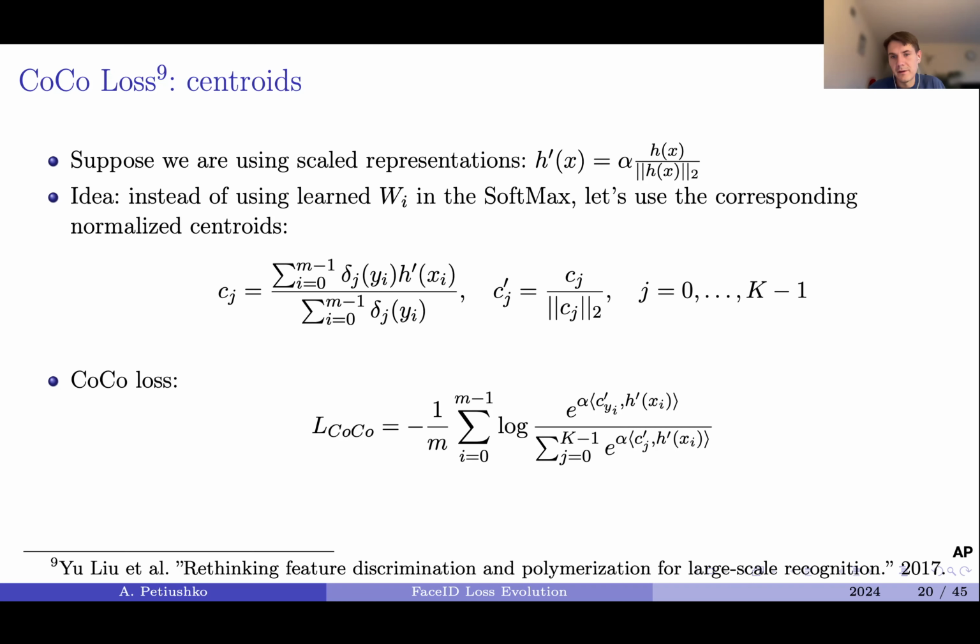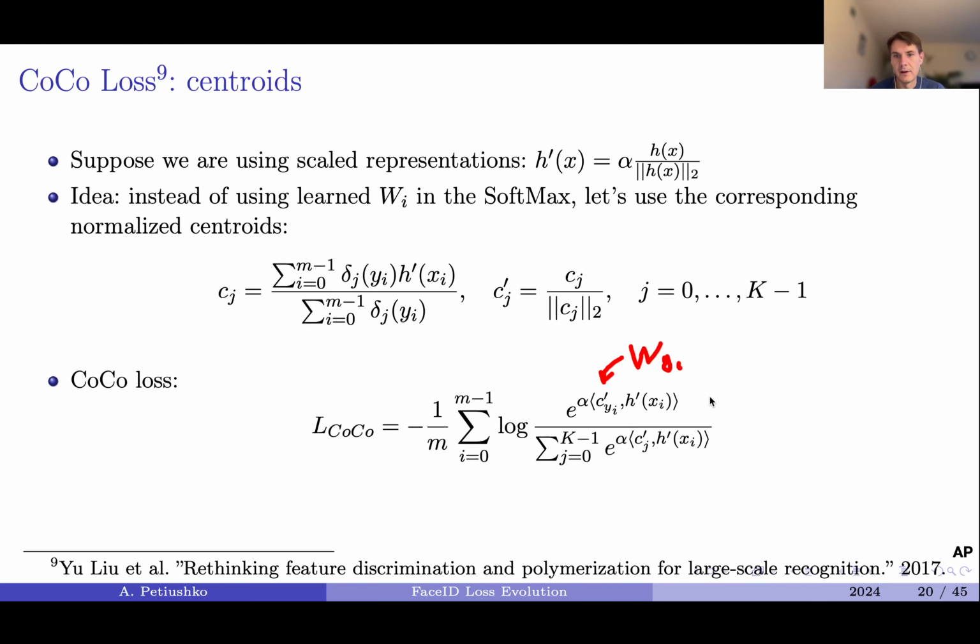And COCO loss, as I said, we have, for example, for this neural collapse 2020 year, but it was already used here, this idea that the centroids would be concentrated around the classifier. And here, remember, initially it was W y i in this case.